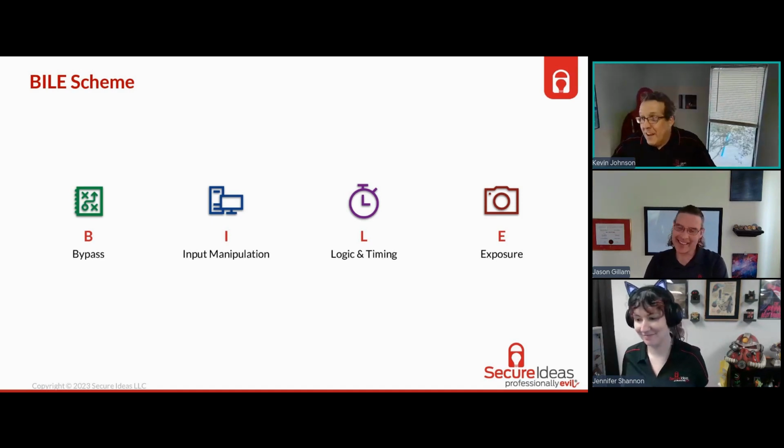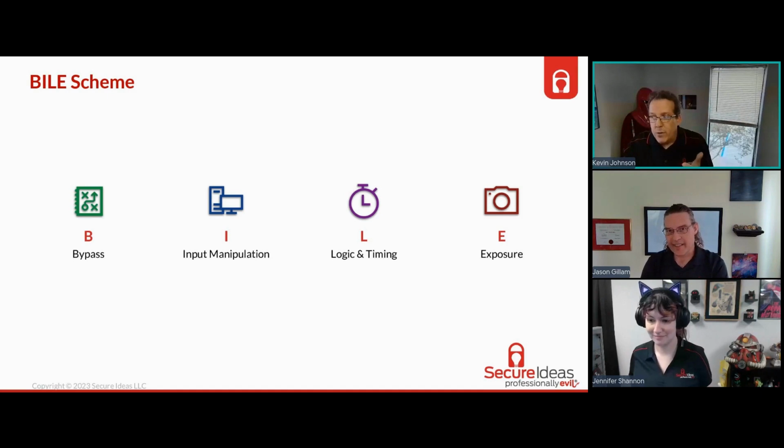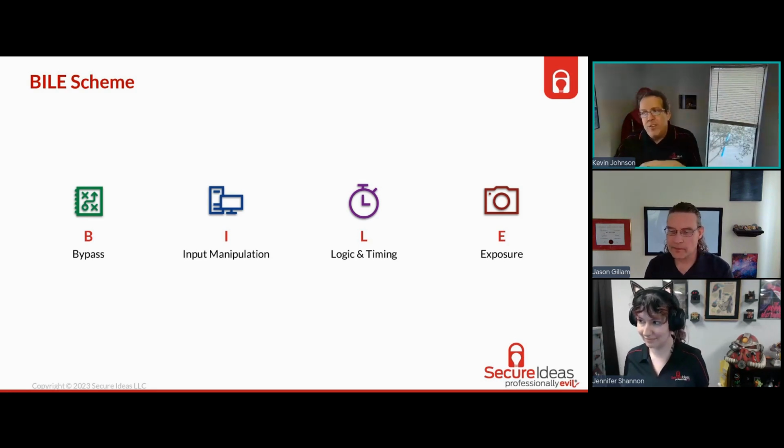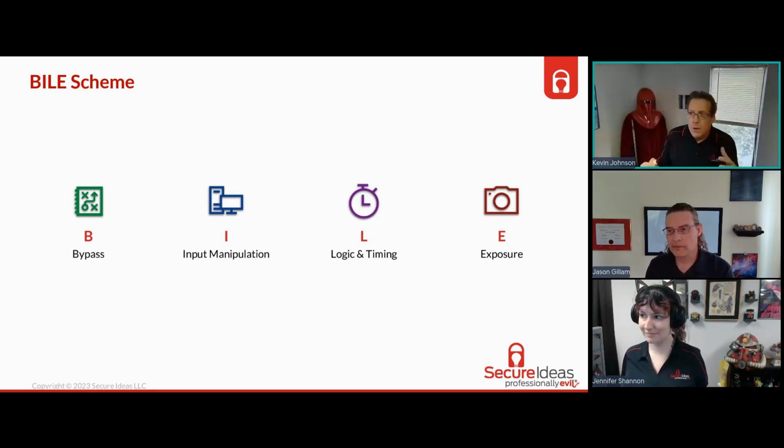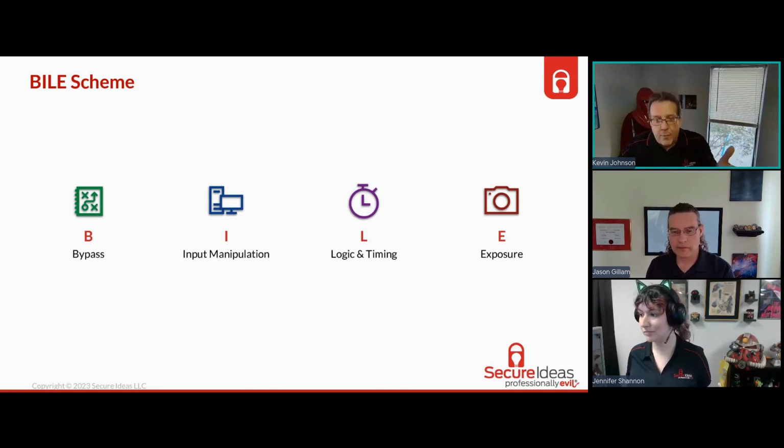Okay. So I think the next question is actually tied directly to the content you wanted to post next, and that is how does the BILE schema interact with or incorporate the OWASP Top 10 or SANS's CWE Top 25? How do you match?